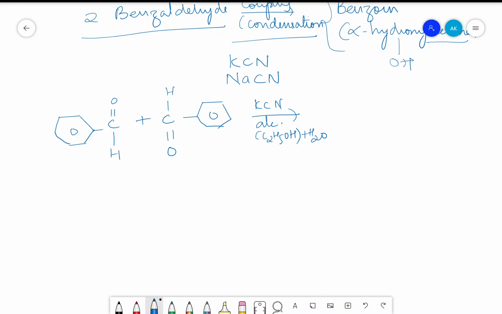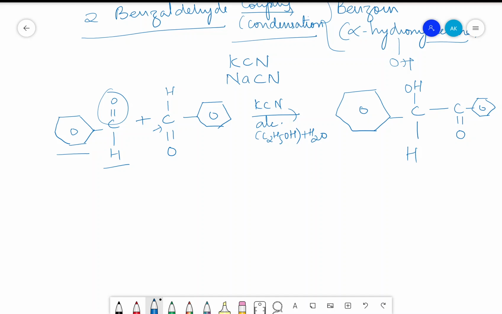What we are going to get is this benzene ring as it is. This particular C double bond O group will now be called OH. This H will remain as H. Then they combine, this carbon will only have a double bond O group along with a benzene ring.